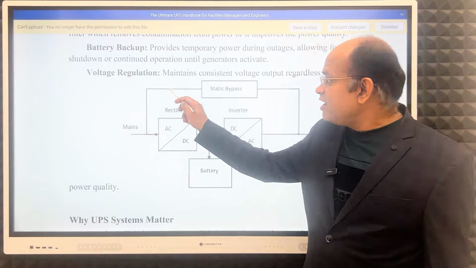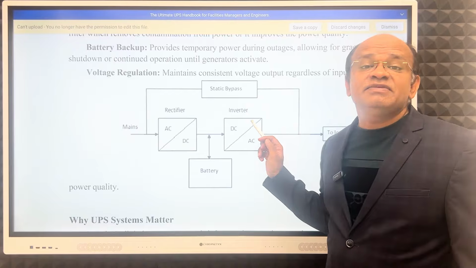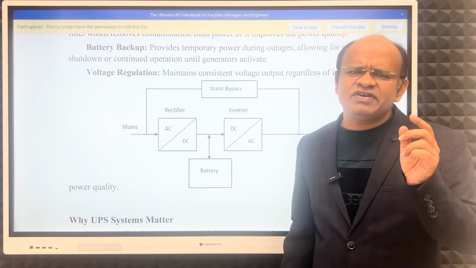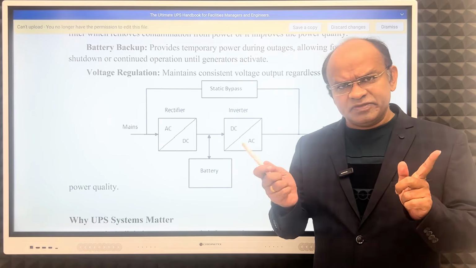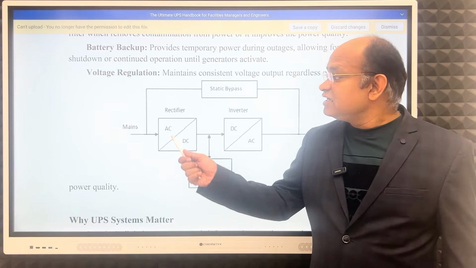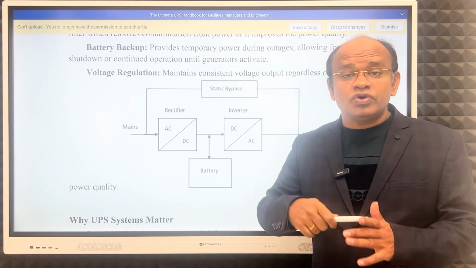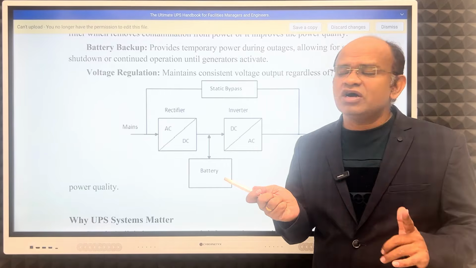Now here we have a static bypass. Static means it does not take time. We have seen the static switch briefly. It doesn't have any moving parts. It's very fast. Electronic equipment like IT loads will not even know it is switched to the other source.